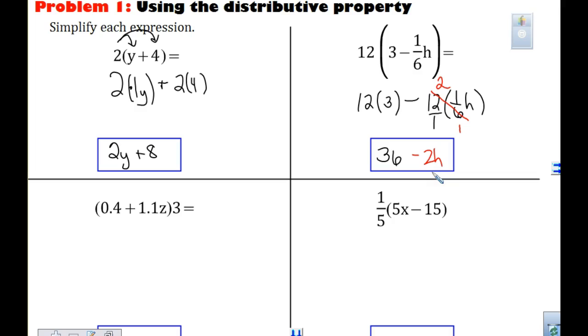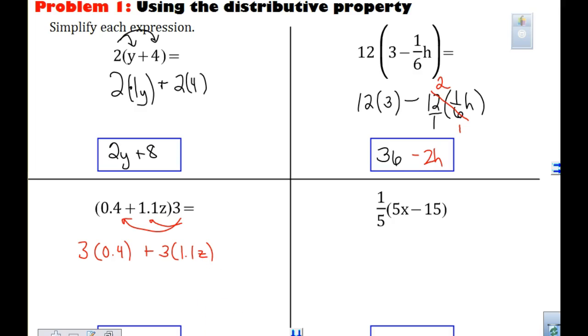So the next one, the 3 is behind. Does it matter if that 3 is behind or out in front to use the distributive property? It does not matter. So please take 3 times each thing in your parentheses. So we are going to write that as 3 times 0.4 plus 3 times 1.1z.